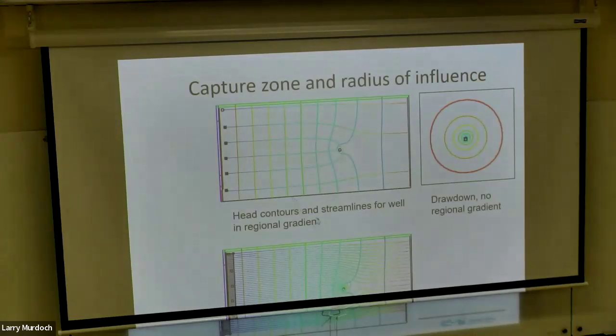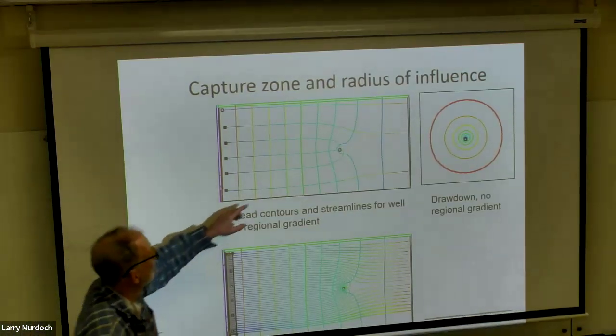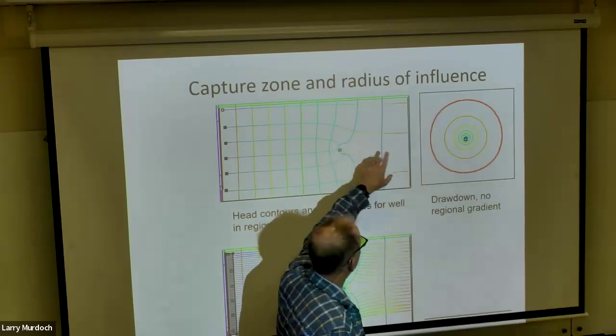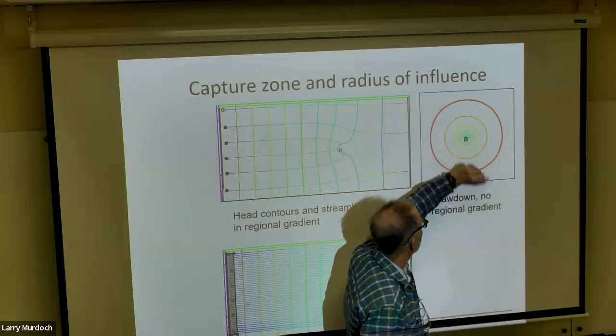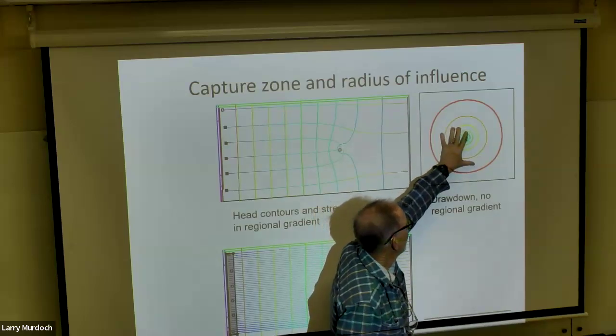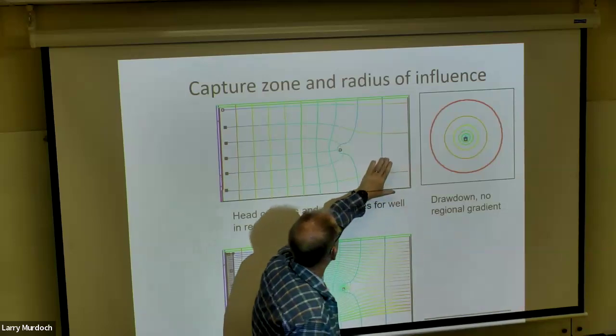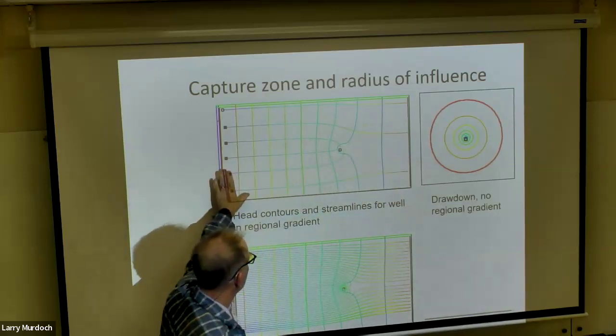All right, so here's another aspect of this. Here's a well, and here's the drawdown around the well. This is the change from the initial head. Well, what if the initial head is sloping?